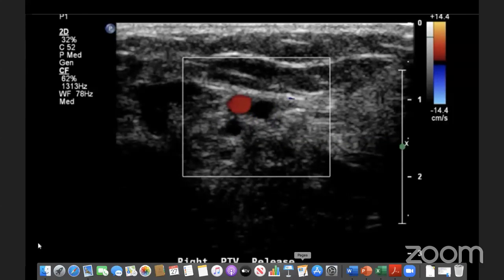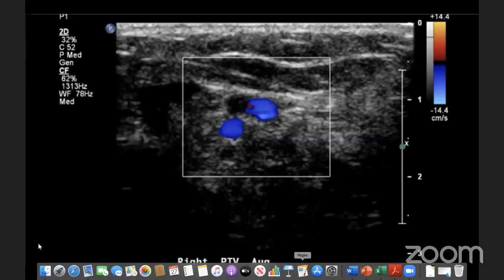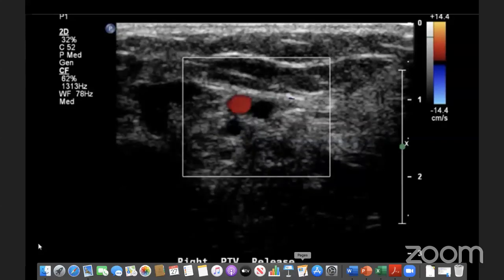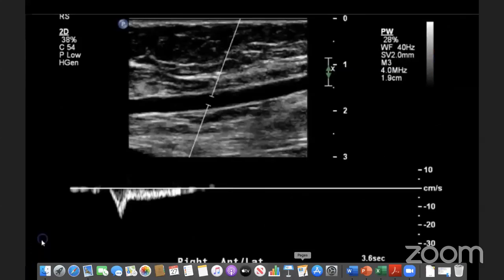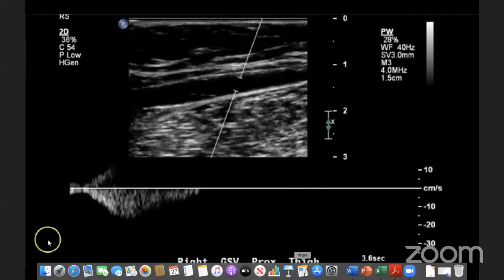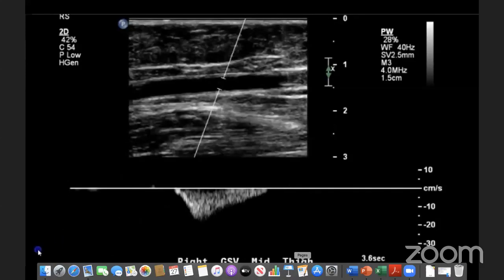You can see the sonographer actually just does a color Doppler image of the calf veins to prove there's the augmentation and there's no reflux determined or flow determined after release of the calf. Competency is also proven at the anterior lateral branch of the great saphenous and the great saphenous through the thigh.